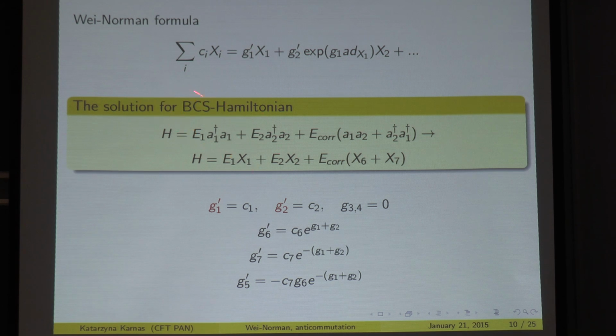So the BCS Hamiltonian written using the basis vectors looks like this, and the exact solution of the Wei-Norman formula, that means the coefficients g_i, are given by these relatively simple equations.